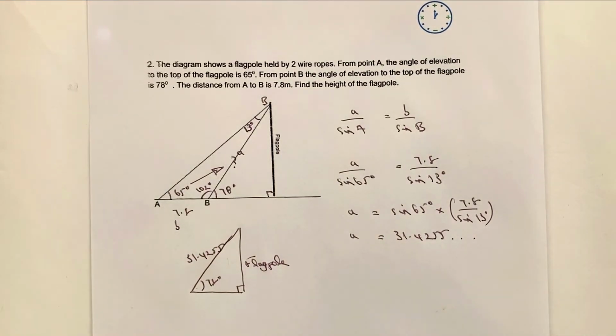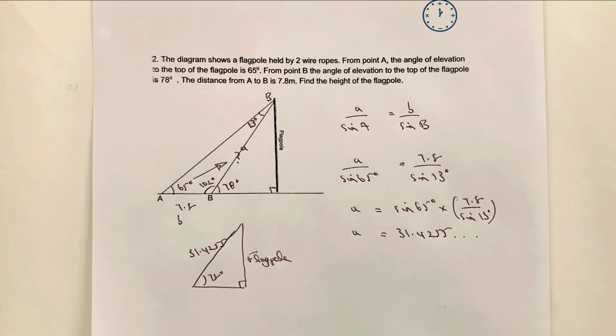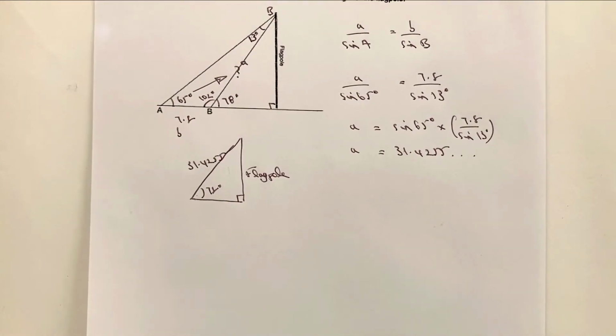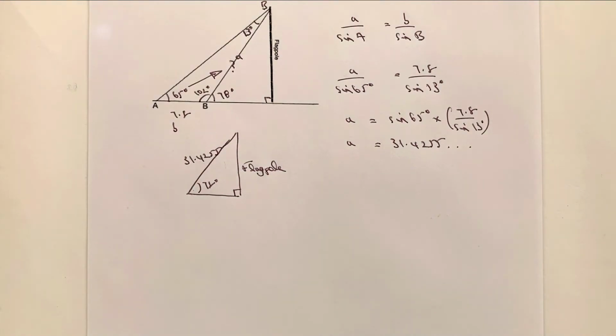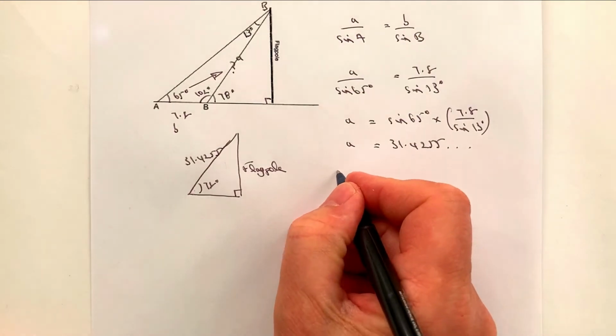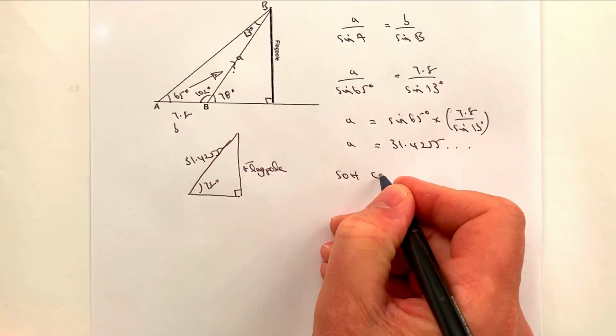Because it's a right angle triangle, I can now use SohCahToa to answer my question. Hopefully a few of you will have got to this point where you can see this relationship with the right angle triangle. So let's put in SohCahToa.